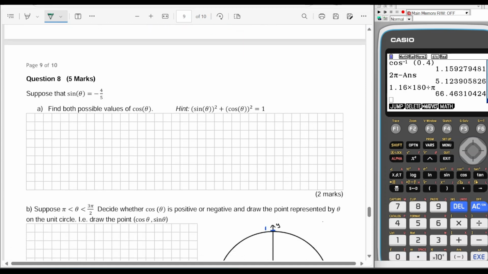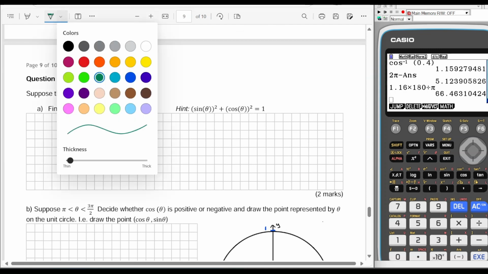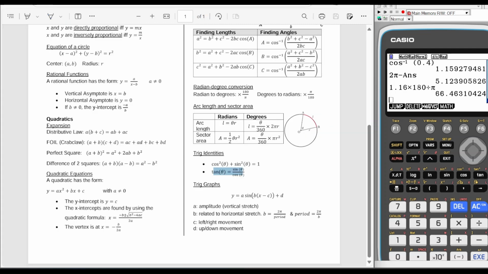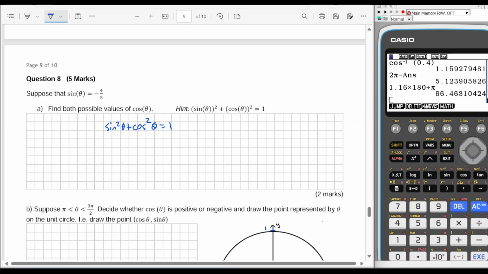Okay, last question. We got this one. Find cos theta. So sine squared theta plus cos squared theta equals 1 according to that hint. And it's also on your formula sheet there. So sine is minus 4/5, so minus 4/5 squared plus cos squared theta is 1. So 4/5 squared is 16 over 25, and the minus sign goes away.